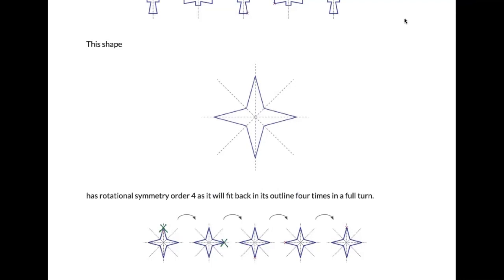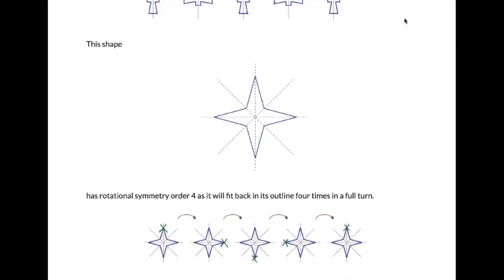And after 90°, the shape exactly looks alike. After turning again 90°, you are going to get the same shape. After turning further 90°, you are going to get the same shape. And after turning 90° further, you are going to get the same shape. So in 360°, it needs to take 4 turns, okay, to fit the outline.